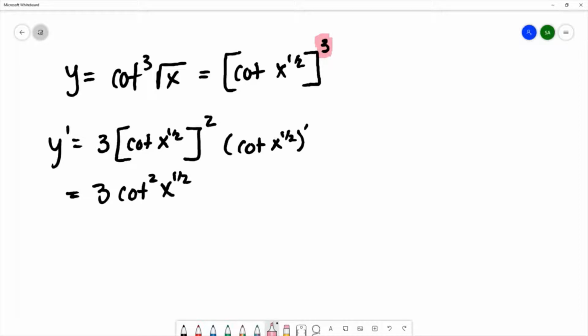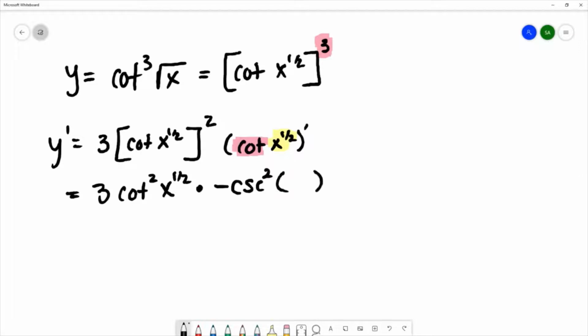So for this, I have cotangent on the outside and x to the 1/2 on the inside. So I'm going to follow my derivative rule for cotangent, and the derivative of cotangent is negative cosecant squared. So this is times negative cosecant squared.